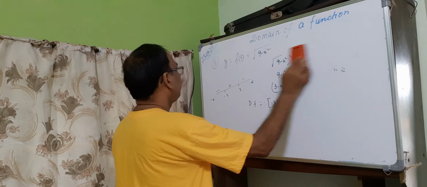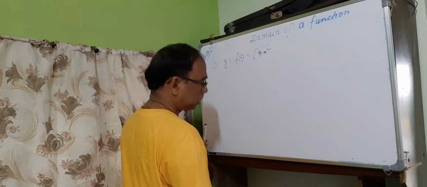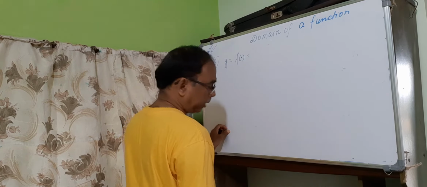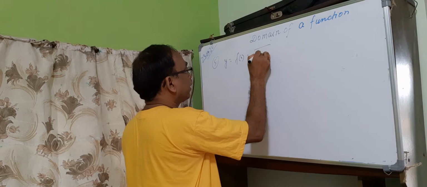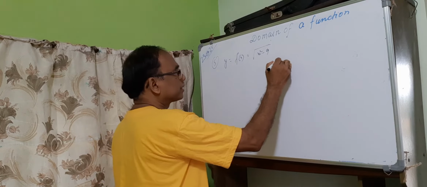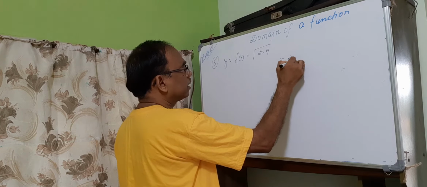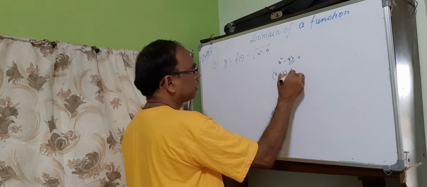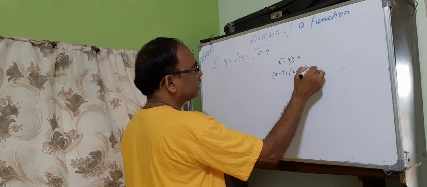Next one, if you have something like this, x square minus 9. Just like the previous one, x square minus 9 should be greater than or equal to 0, that is, (x plus 3)(x minus 3) should be greater than or equal to 0.